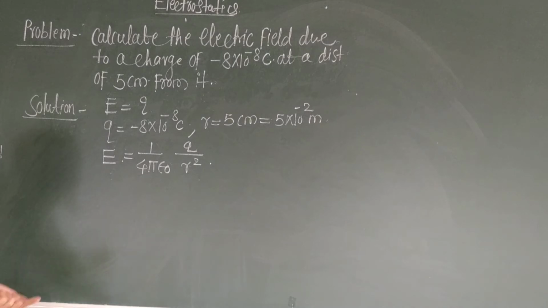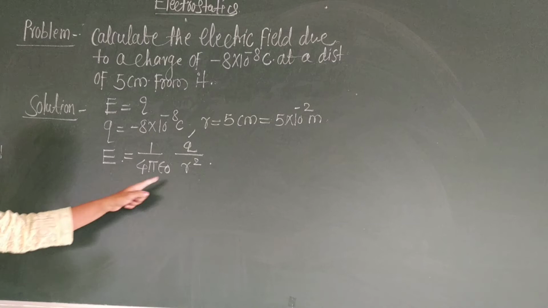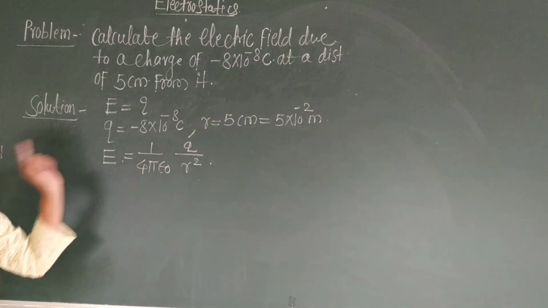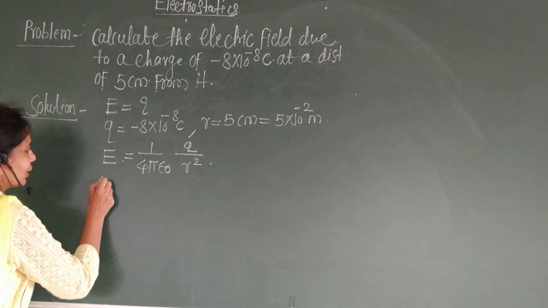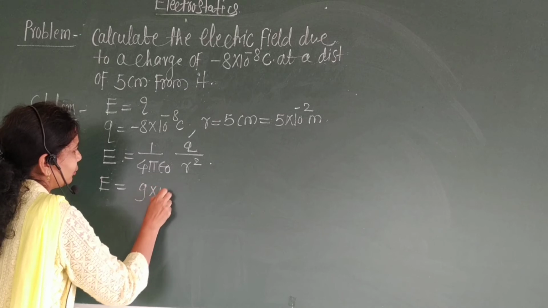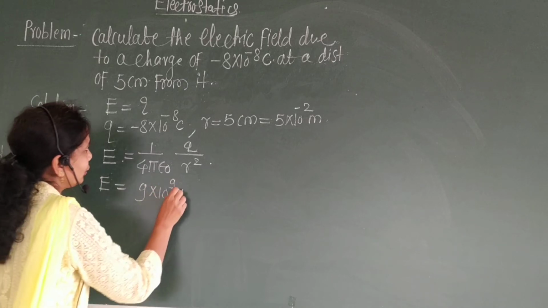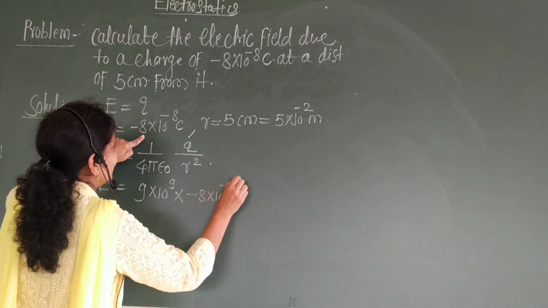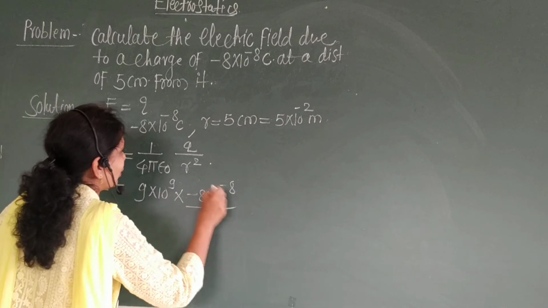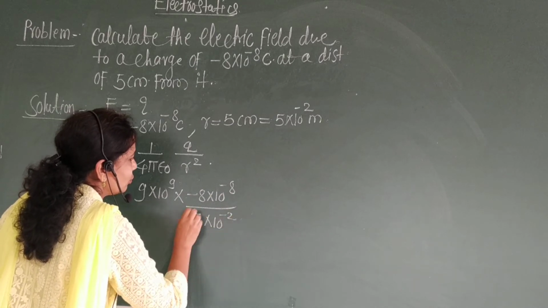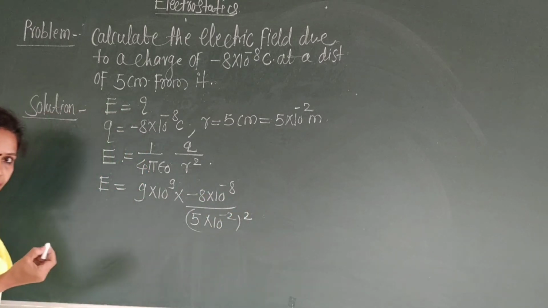Okay, because electric intensity is defined as a F upon Q, and then we get the electric intensity due to a point charge is equal to this. Therefore, E is equal to the 1 upon 4 pi epsilon 0 is 9 into 10 raised to 9 into Q -8 into 10 raised to -8 upon R square 5 into 10 raised to -2 bracket square.